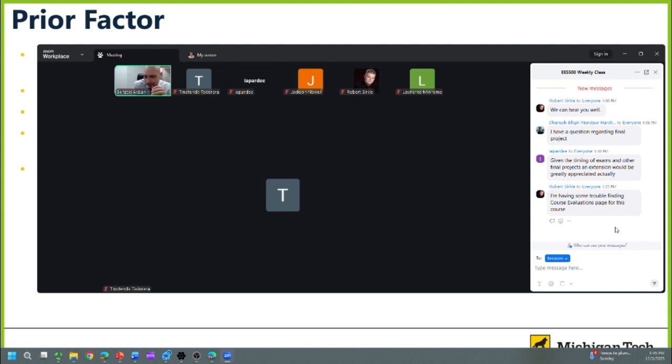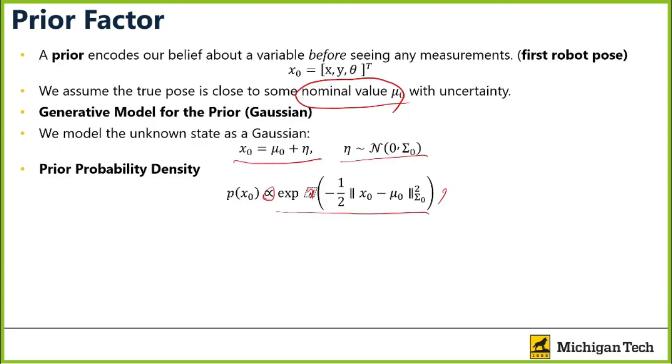First of all, exponential makes it a probability, because p of x0 we need to make it kind of a probability. However, as you can see, we are not normalizing that; we actually put a proportion, but this is similar to a probability.